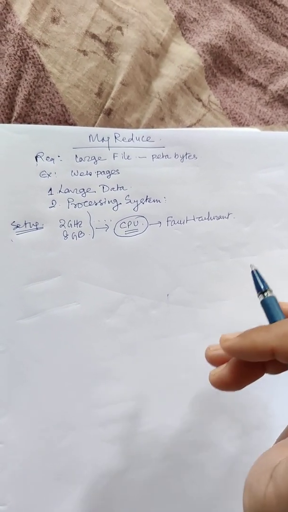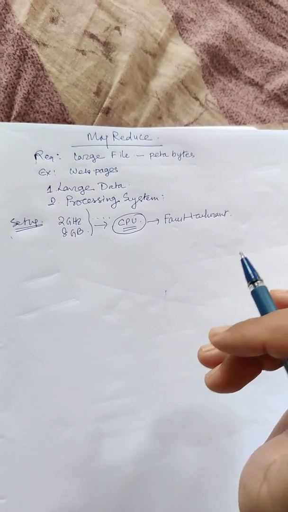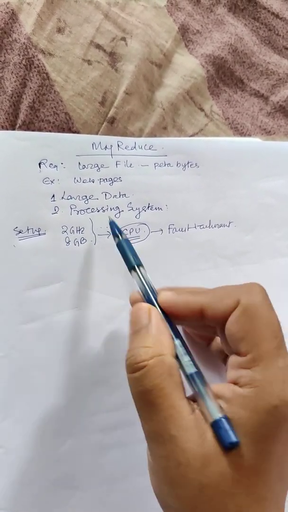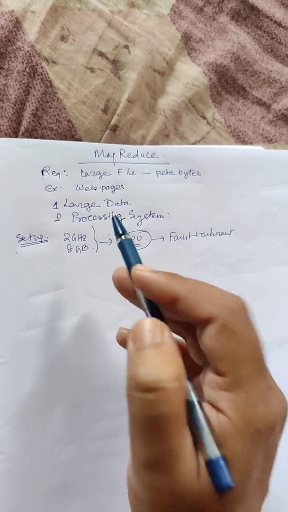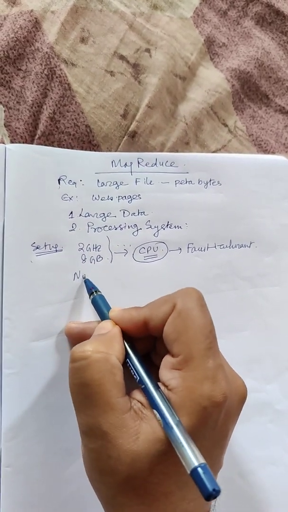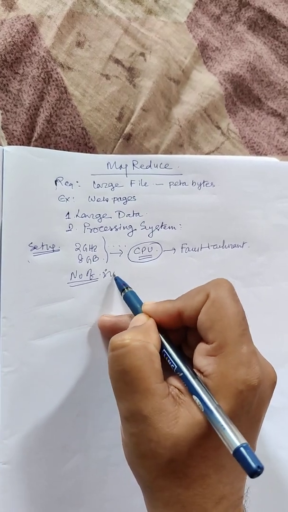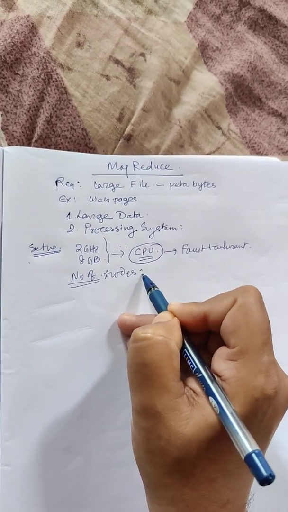The next very important thing, apart from the commodity hardware configuration, is the number of commodity machines taken as nodes.